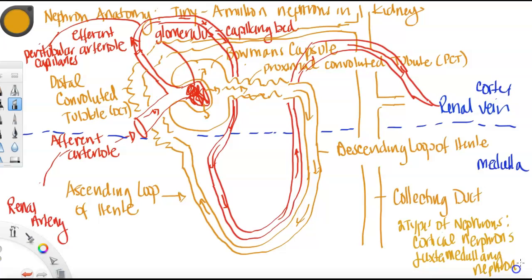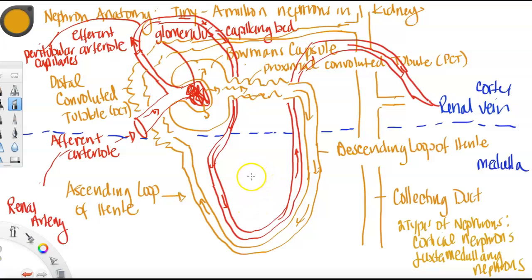The difference is that in the cortical nephrons, the loop goes into the medulla, but not far into the medulla. The juxtamedullary nephrons have really long loops of Henle that go deep down into the medulla.